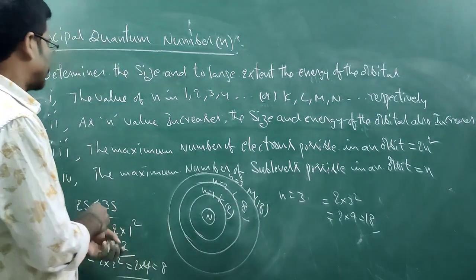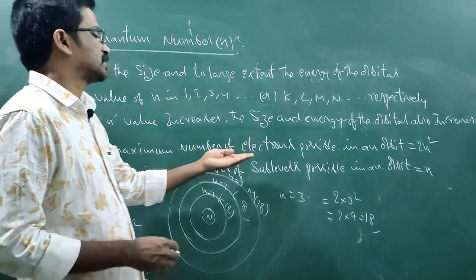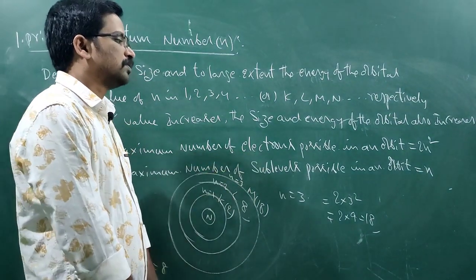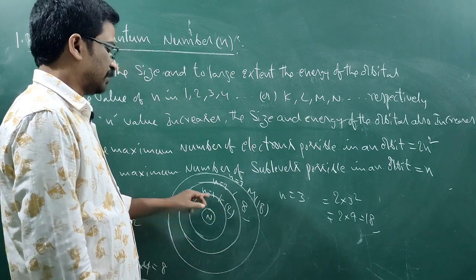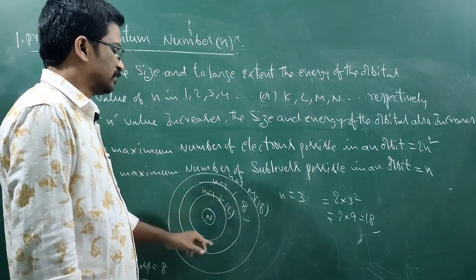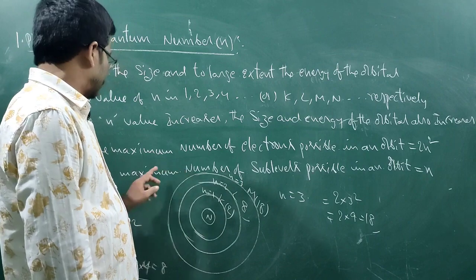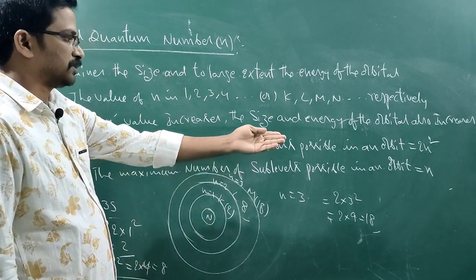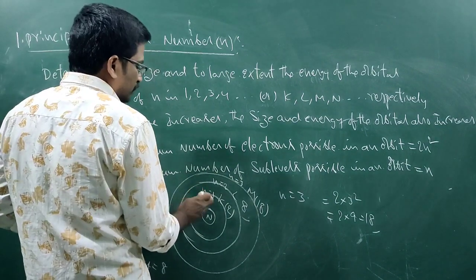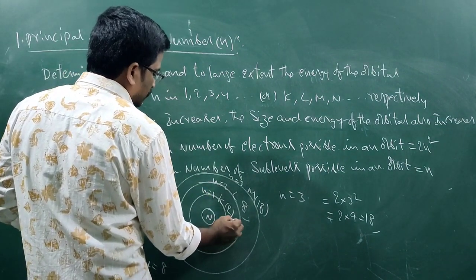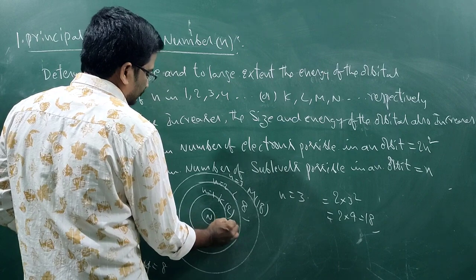Next, the maximum number of sublevels possible in an orbit is n. What does it mean? For n is equal to 1, only one sublevel is possible, that is the s sublevel.